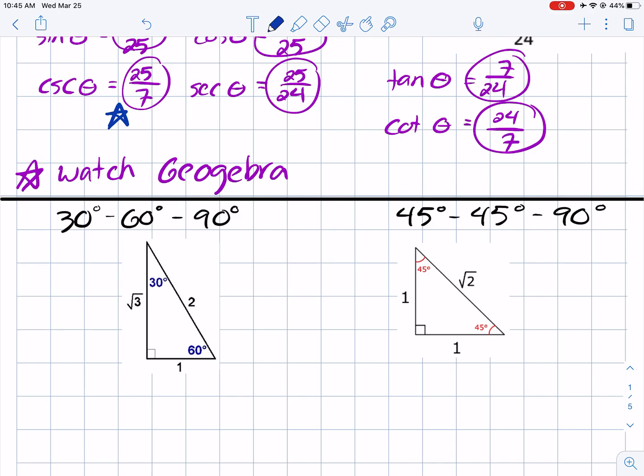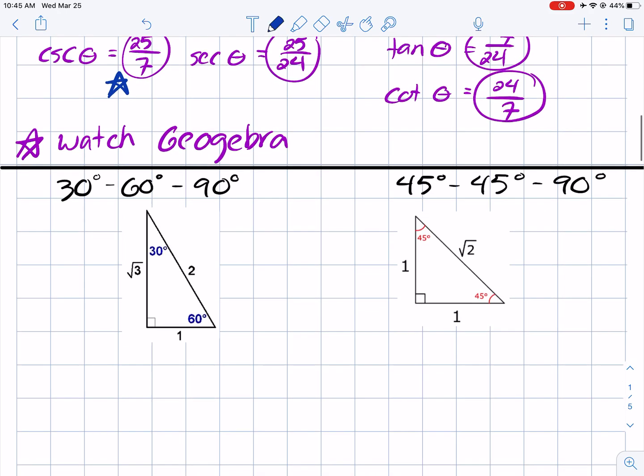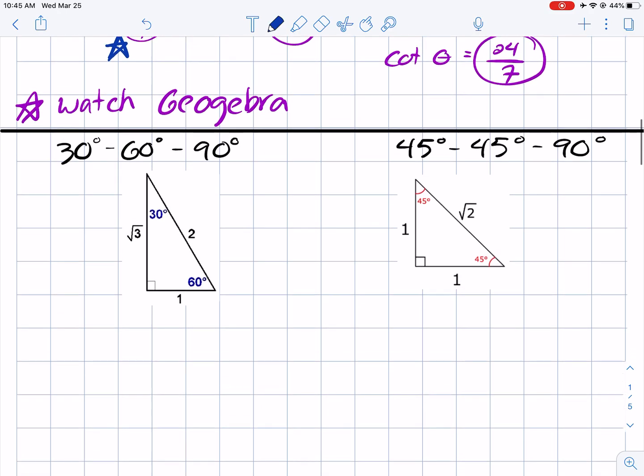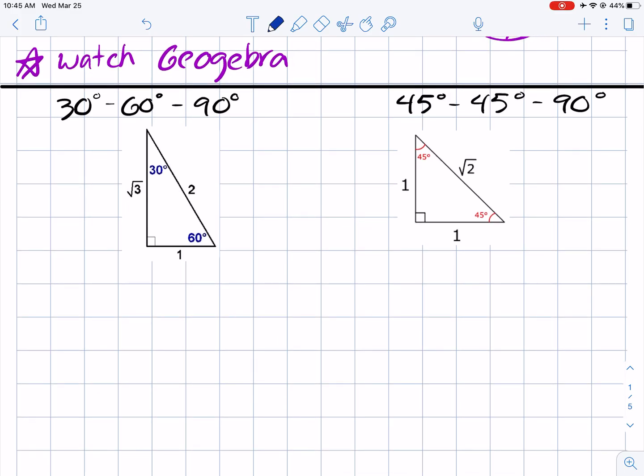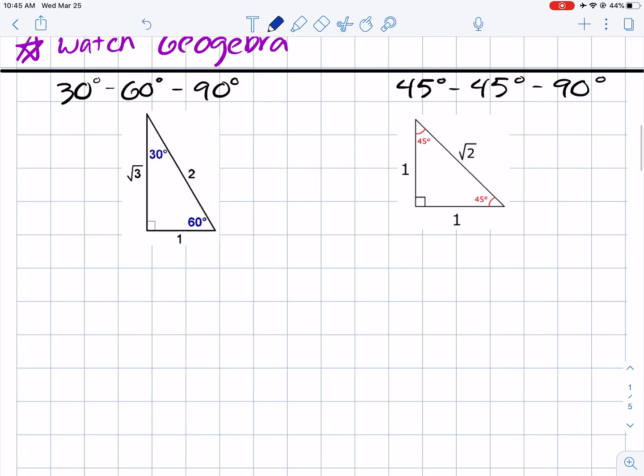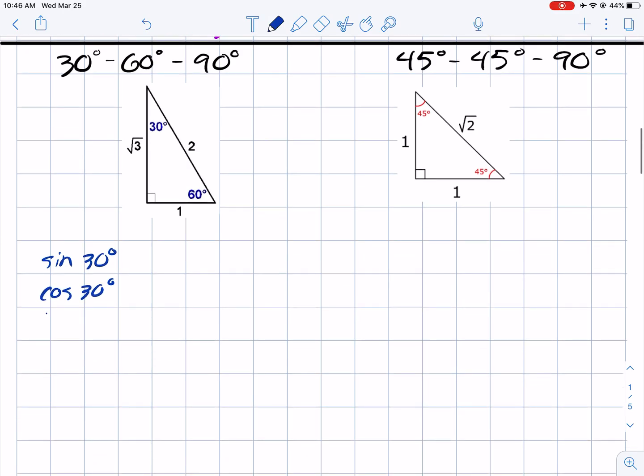Okay, what I'd like us to do is continue listing our trig ratios for the special right triangles. So why don't you guys, after you write this down, I want to find just our three basic trig ratios for the two acute angles. So the sine of 30, cosine of 30, tangent of 30.